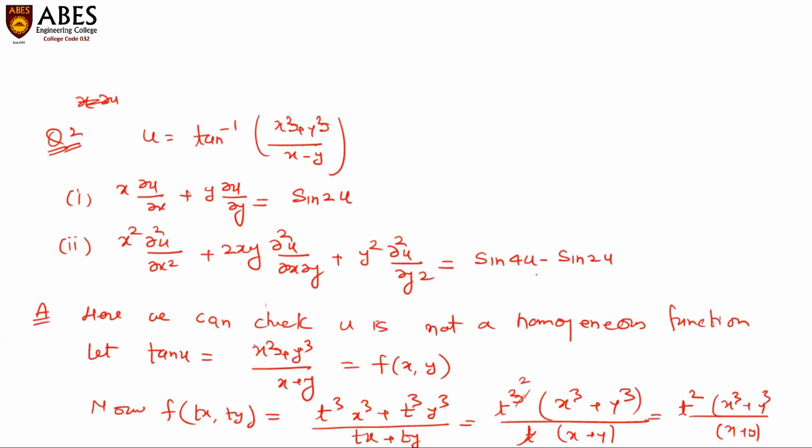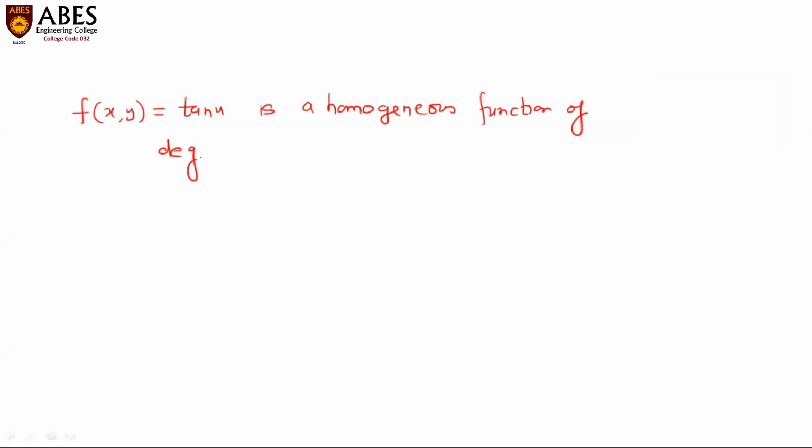So here we get f(tx, ty) equal to t square times x cube plus y cube divided by x plus y. So here we can say f(x,y) equal to tan u is a homogeneous function of degree 2.